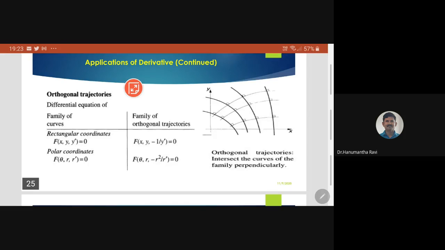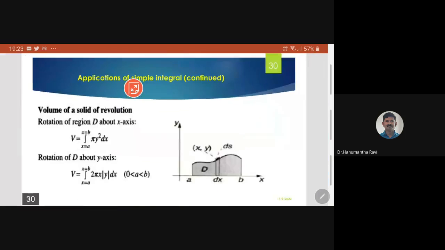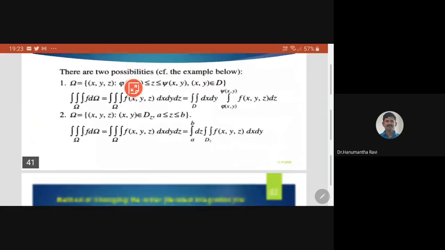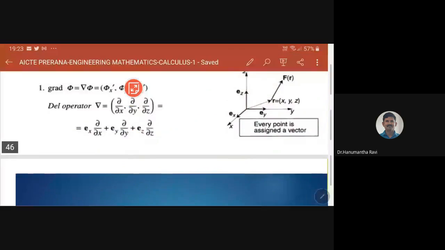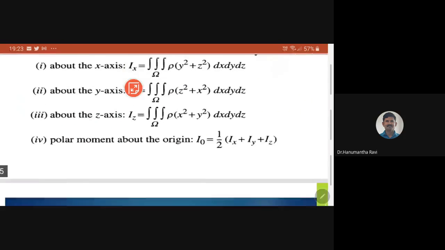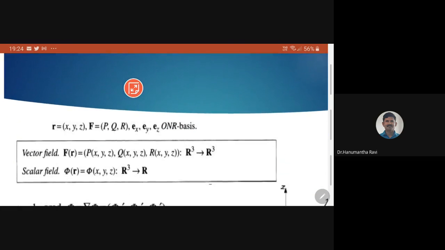Here, if you look at this slide, yesterday I told you about the position vector, and we are talking about three-dimensional space.